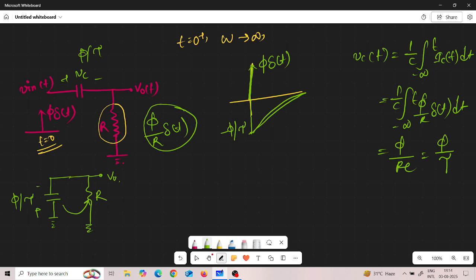Today I am only discussing the time response; later I will discuss the frequency response also. I hope you understand the process. First, when we apply the impulse voltage input, the total voltage is applied across the resistor, and the resistor generates the current which creates an instantaneous voltage in the capacitor. When there is no input, the capacitor discharges through the resistor and eventually the output becomes 0, and the time constant of this circuit is RC.